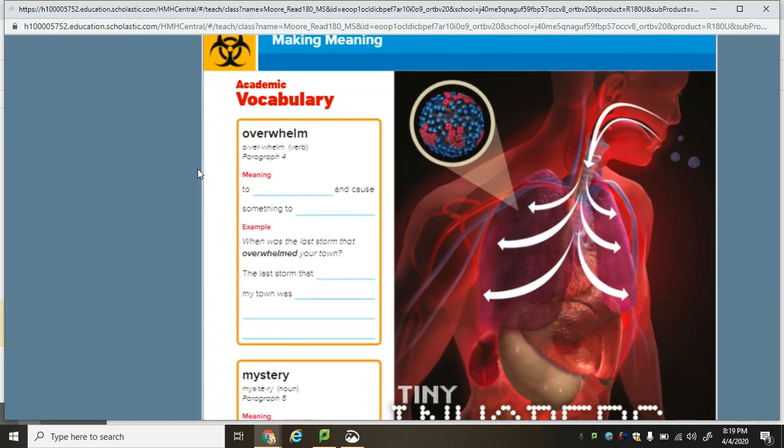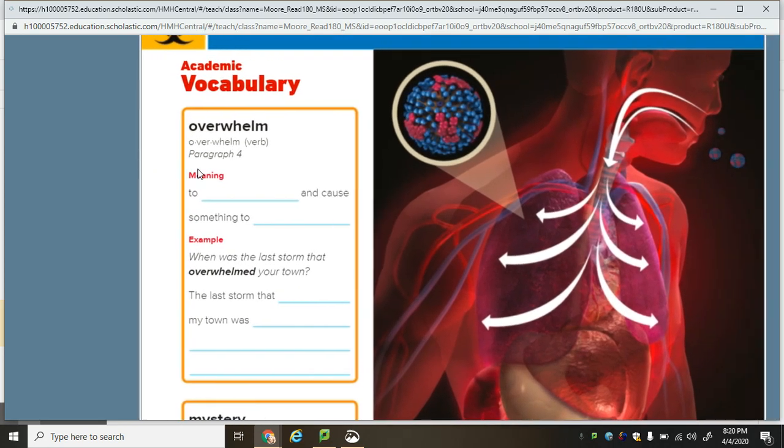We have 2 words, and this is in your Google form as well, and this is a quiz grade on collaboration, agency, and written communication. So overwhelm has 3 syllables. Overwhelm. This is a verb because it's something that we are physically doing or like a virus is doing.